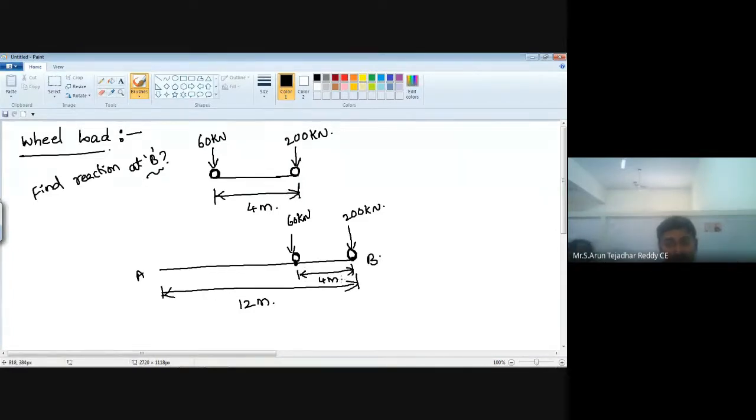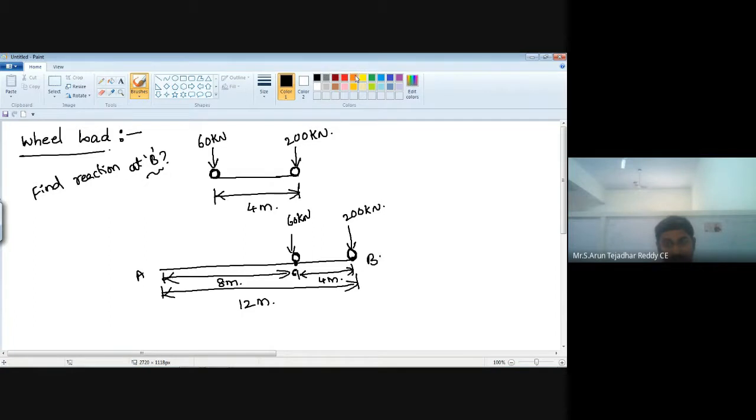But total span from A to B is 12 meter, and the wheel load is 4 meter, so from A to C the remaining distance is 12 minus 4, that is 8 meter.